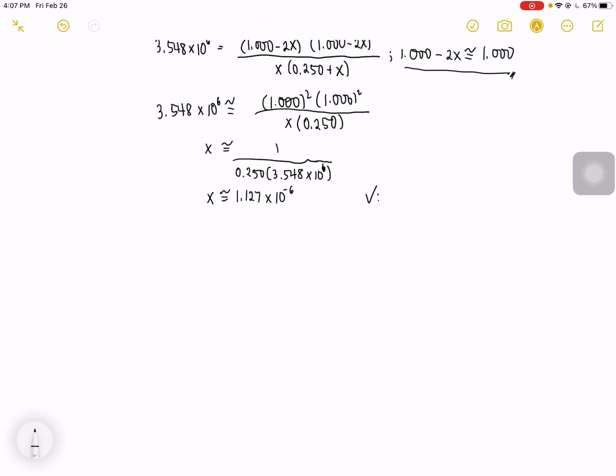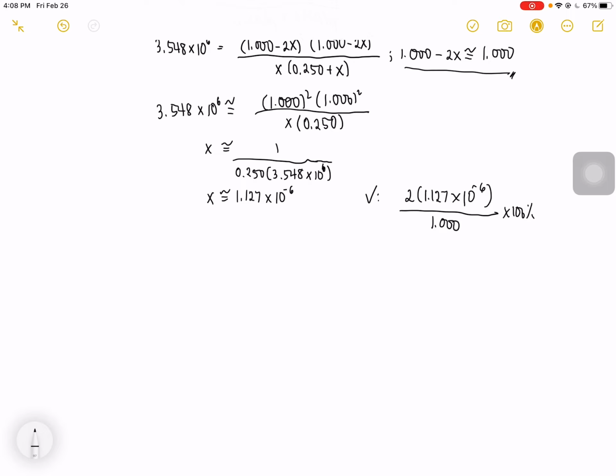So that is now going to be the taking of the percent error. That's 2 times the value of x divided by 1 times 100%.